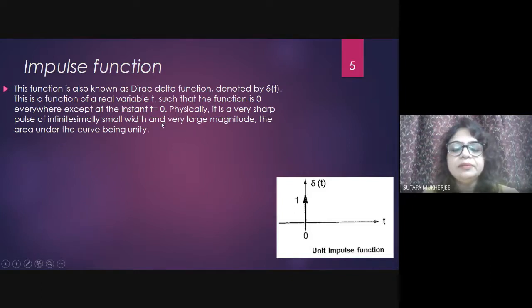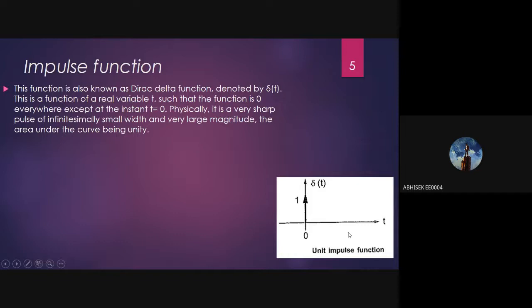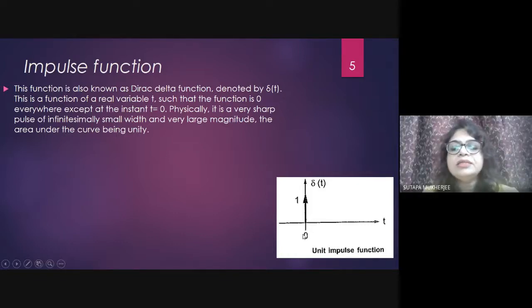Say something. Other than t equal to 0, the value of the function will be what? Ma'am, 0. Yes, 0. At t equal to 0, you will get the maximum value, and other than t equal to 0, the function will have the value 0.